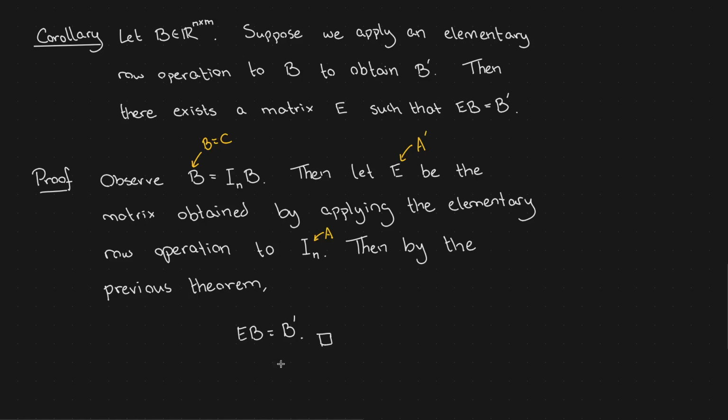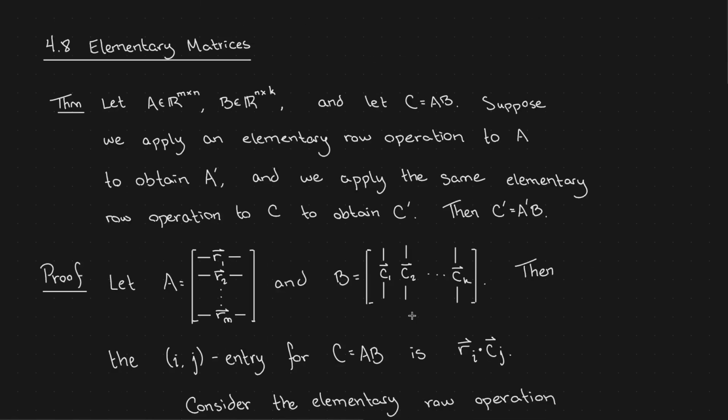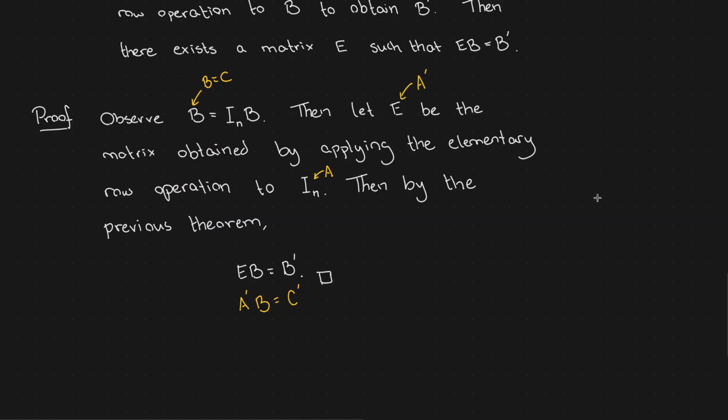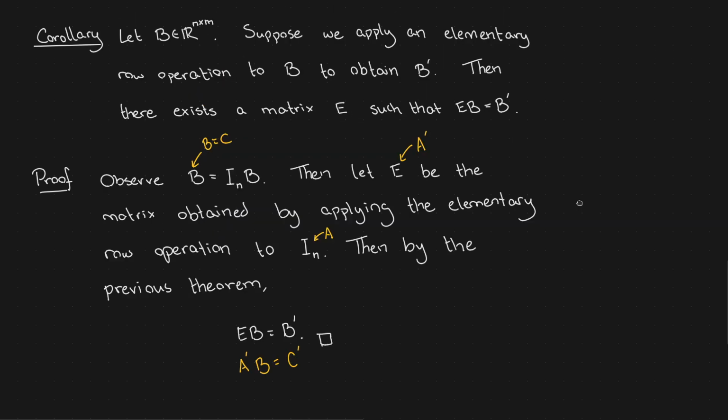So what this is saying, B prime is like C prime, and EB, E is like A prime. So I get A prime B equals C prime, which is exactly the result that we proved in our original theorem. So it really is just the same thing. I'm just doing some substitution.